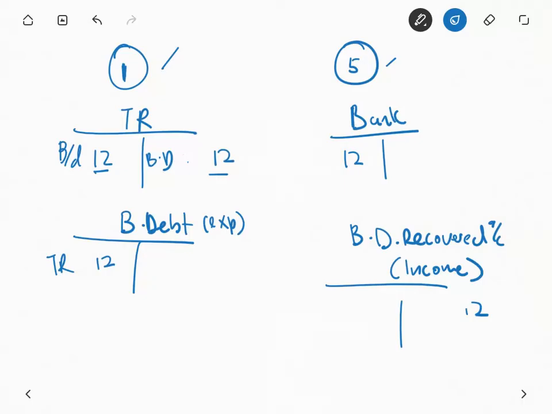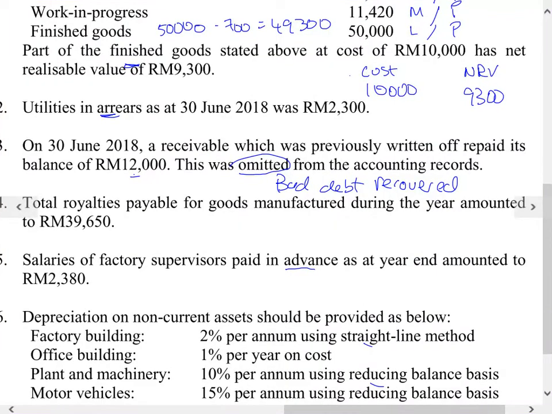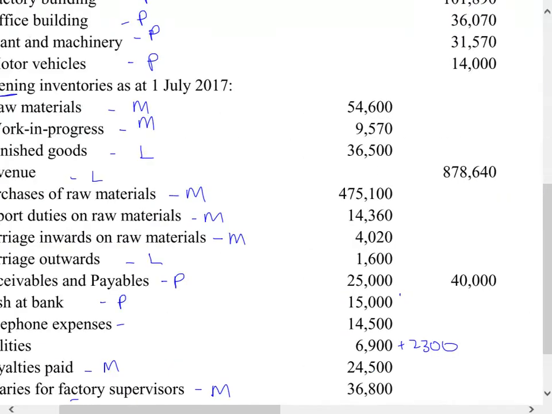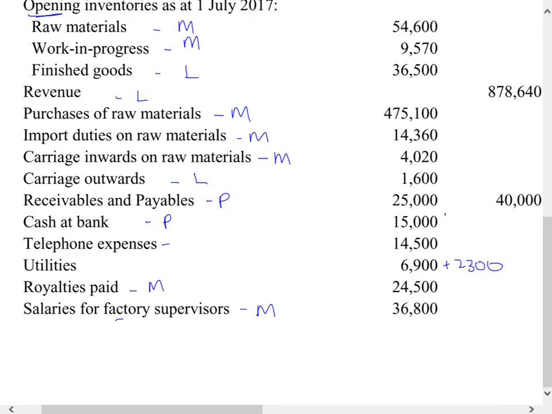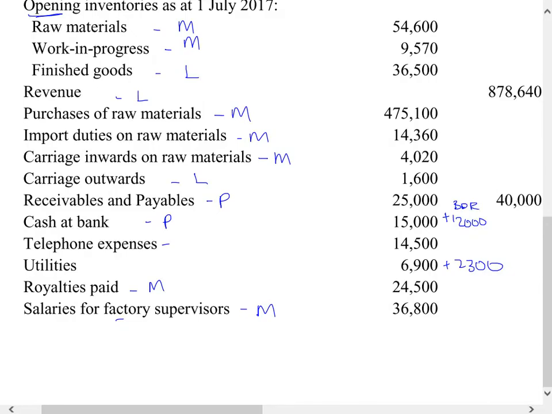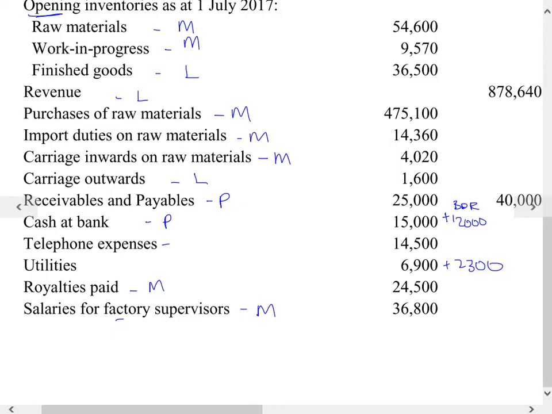Okay. Have you recorded? They say no, it was omitted, so we have to record the 12,000 to your bank. So can you write here plus 12,000? This is for the bad debt recovered. Credit bad debt recovered.